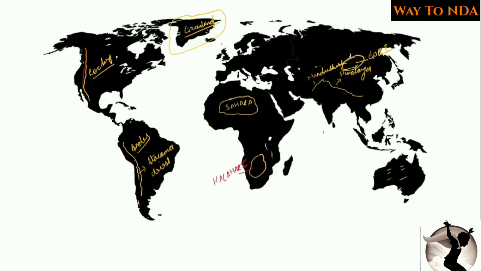Now all of you know that the highest mountain peak in the world is Everest. It is in the Himalayan range, in Nepal. And the deepest trench of the world, you will find it in the Pacific Ocean, and that is the Mariana Trench.